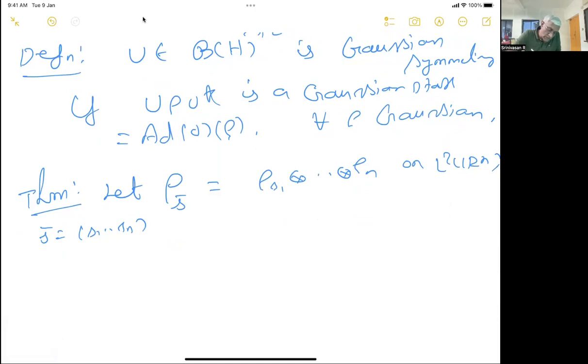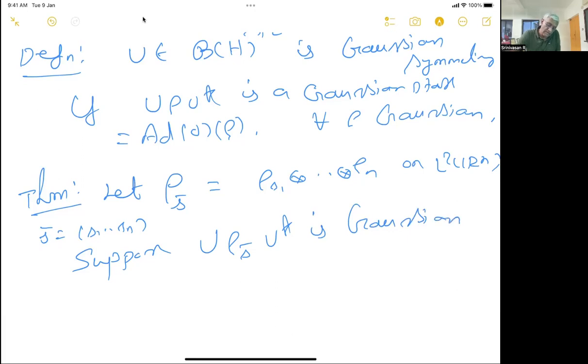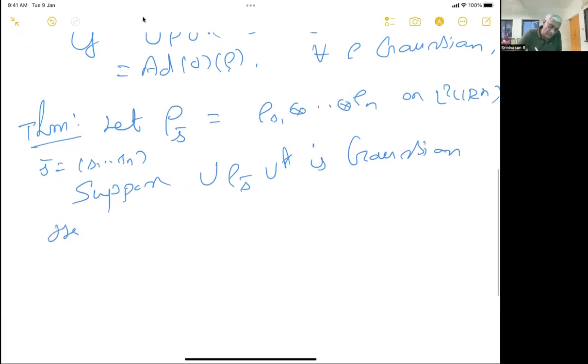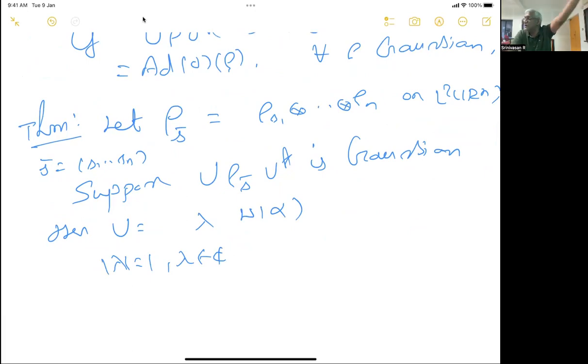So suppose U rho_S bar U star is a Gaussian state. Then U is equal to some scalar lambda, with modulus of lambda equal to 1, times W of alpha. Of course, you can insert any scalar with the U and it will get cancelled, so the scalar will always appear.